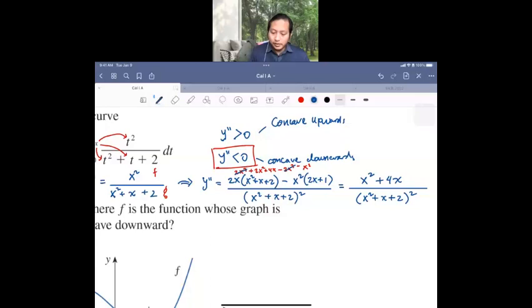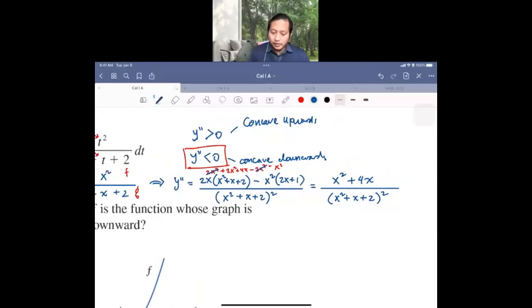But still, we need to check how we are going to have the concave downwards interval. Now, we need to have this to be less than 0, right? And now we need to have our analysis, our observations, and we need to make sure that we understand our subject very well.